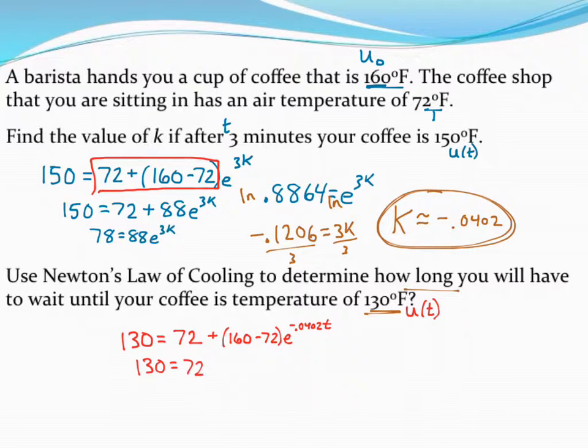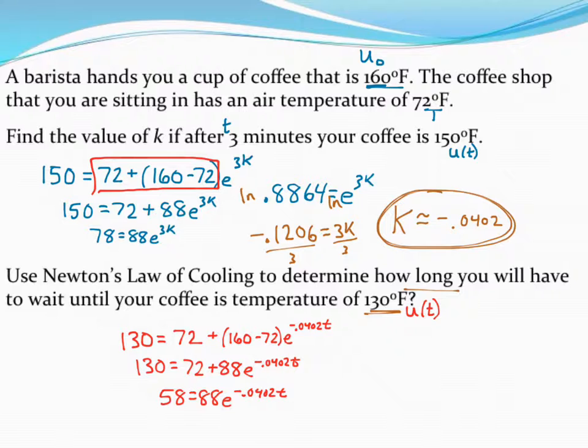So 72 plus, if I subtract my numbers in parentheses, that's still 88 e raised to the negative 0.0402t. I'll subtract 72 from both sides, so that leaves me with 58 equals 88 e to the negative 0.0402t. Our cup of coffee is going to be cool by the time we're done with this question.